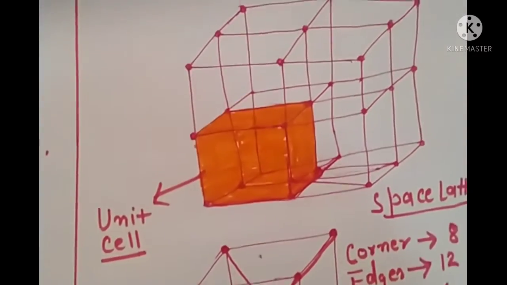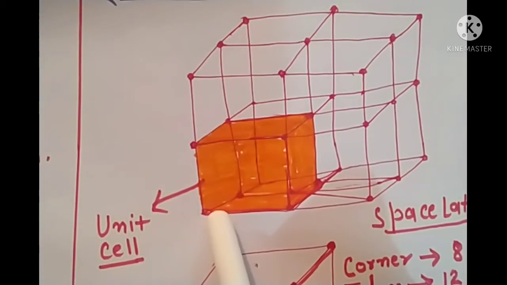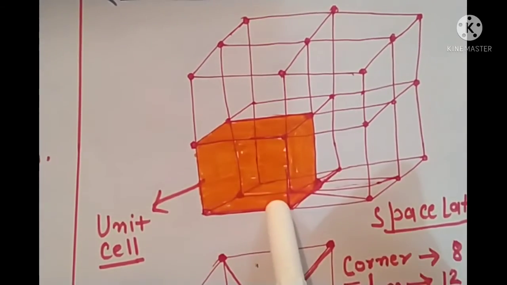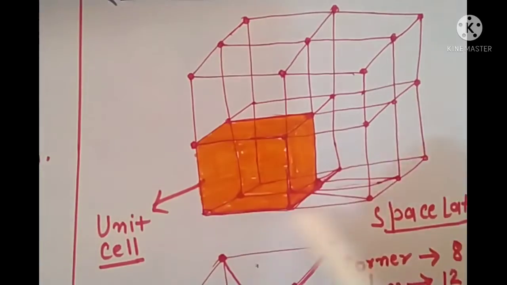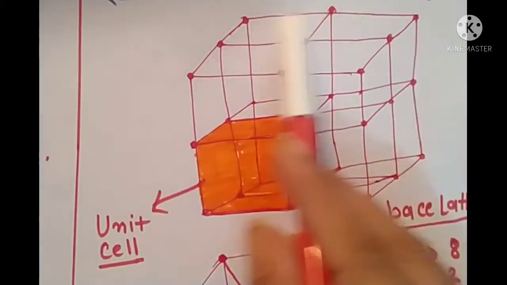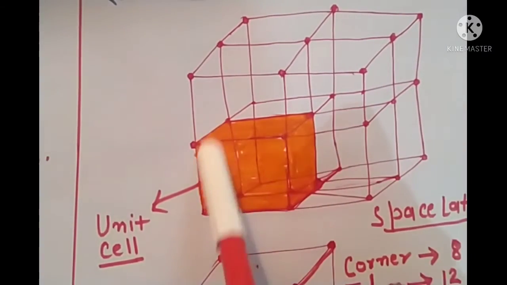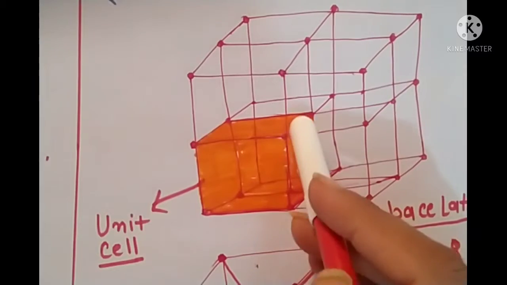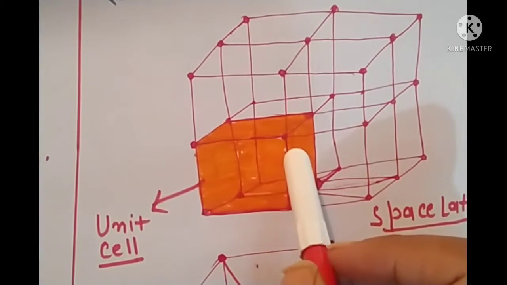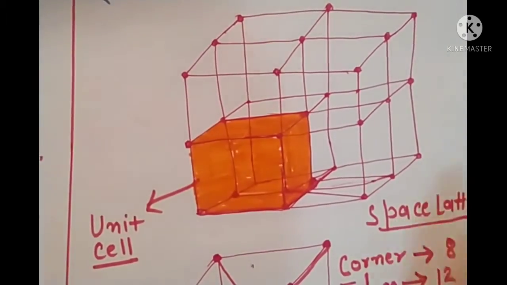So what is a unit cell? A unit cell is the smallest repeating unit in a crystal lattice. This is the crystal lattice structure for a crystalline solid, and this is the unit cell, which is the smallest complete unit in a space lattice.